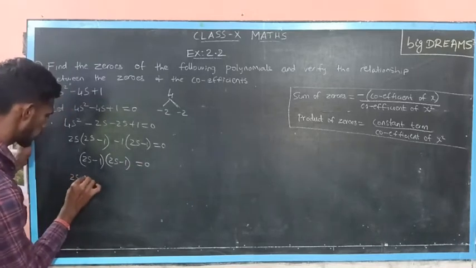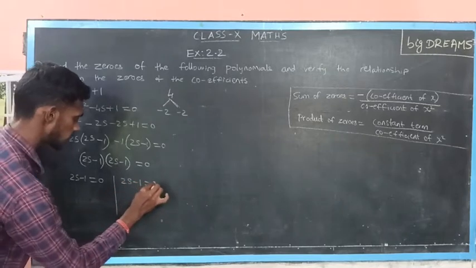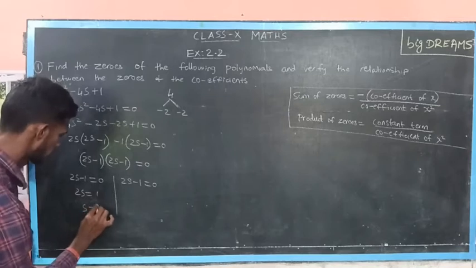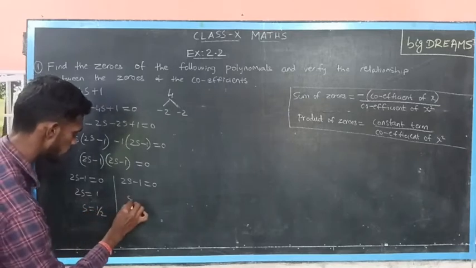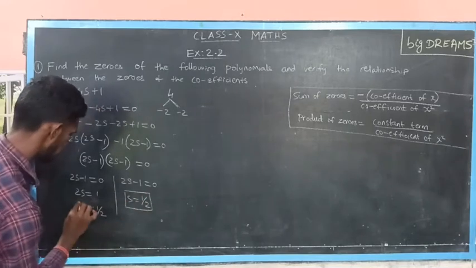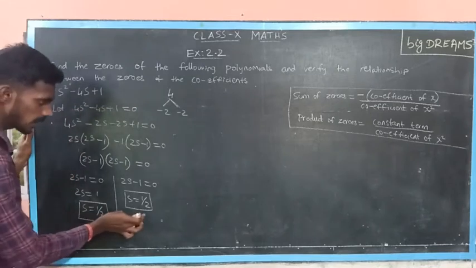Separately equate to 0: 2s minus 1 is equal to 0, and here also 2s minus 1 is equal to 0. 2s is equal to plus 1, s is equal to 1 by 2. Here also s is equal to 1 by 2. So, the zeros of the given polynomial are 1 by 2 and 1 by 2.